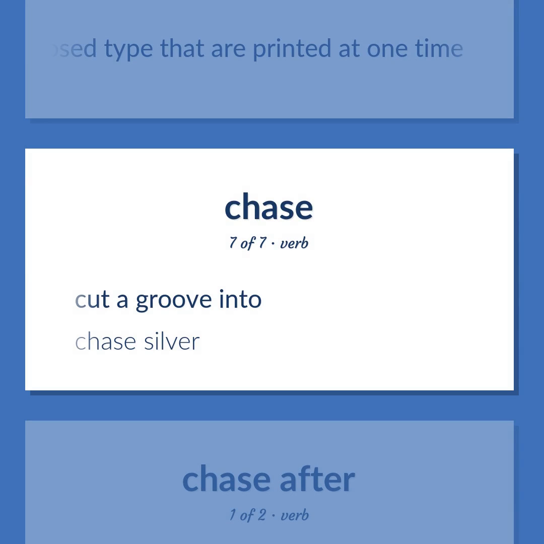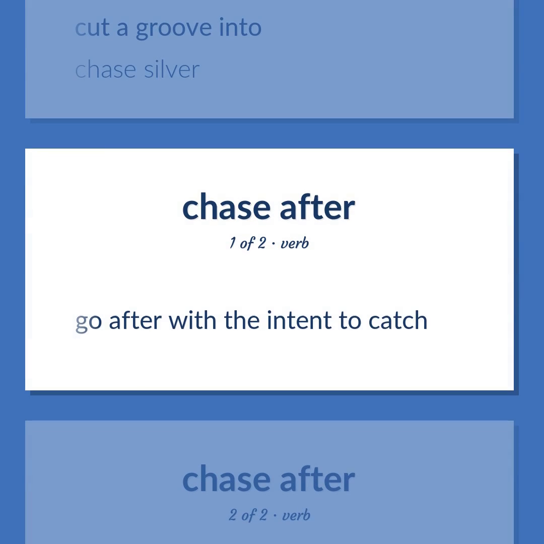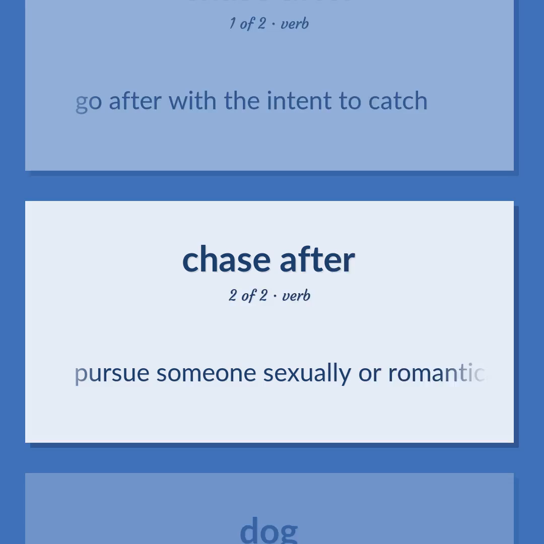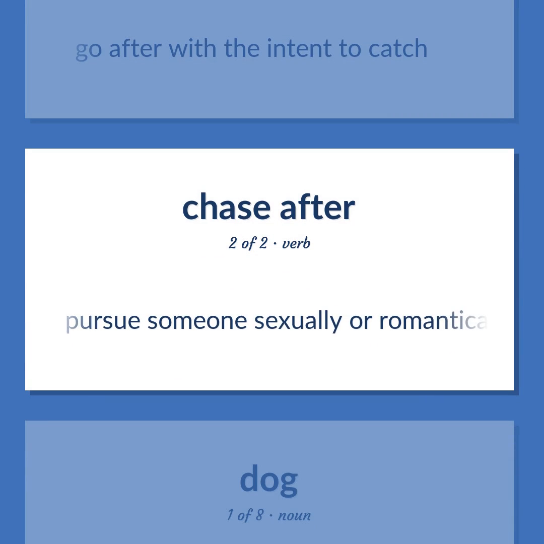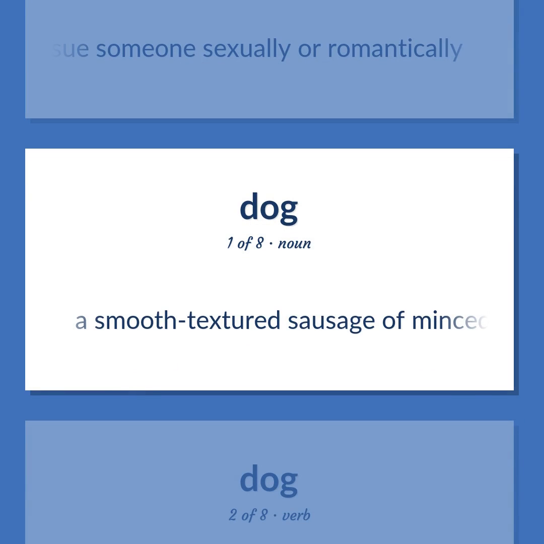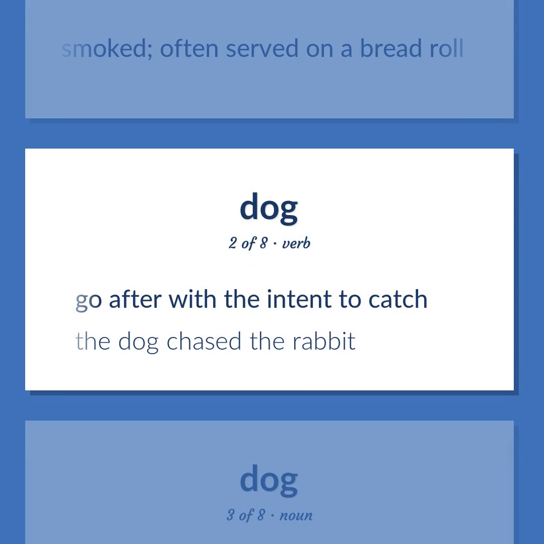Cut a groove into. Chase silver. Go after with the intent to catch. Pursue someone sexually or romantically. A smooth textured sausage of minced beef or pork, usually smoked, often served on a bread roll. Go after with the intent to catch. The dog chased the rabbit.